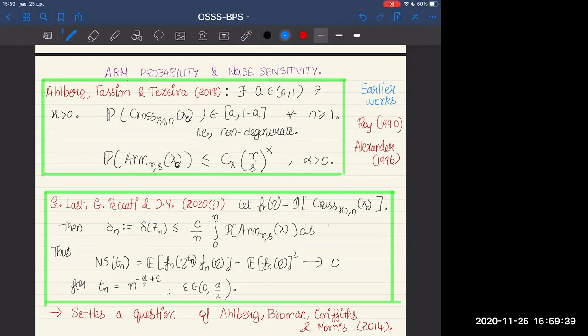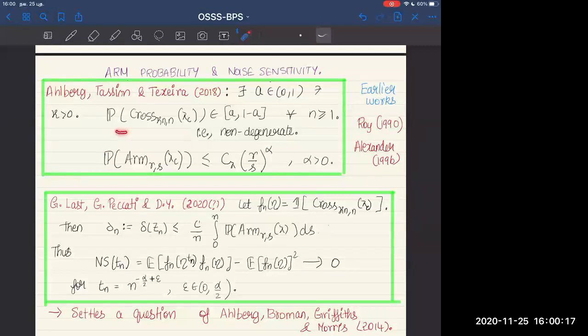Both of these were given to us by a recent paper of Ahlberg, Tassion and Teixeira, which said that there exists some alpha such that the crossing probability at lambda c is non-degenerate, what we needed.